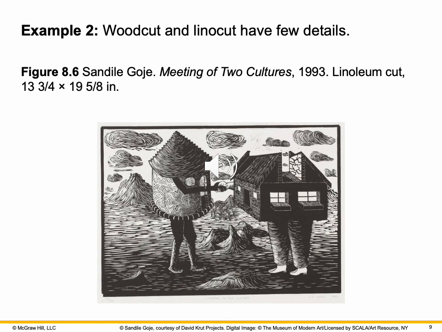Artist Sithole Goji made his linocut Meeting of Two Cultures at a transformative moment in South African history. Apartheid, the system of segregation that gave white South Africans rights and opportunities not permitted to black citizens, had ended, and freedom fighter Nelson Mandela was about to be elected president.